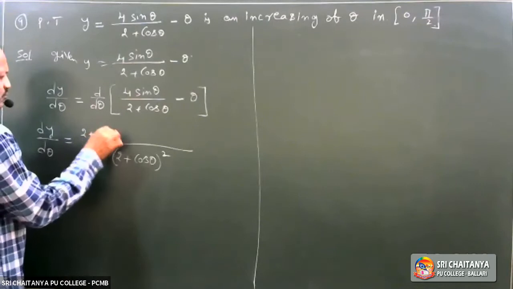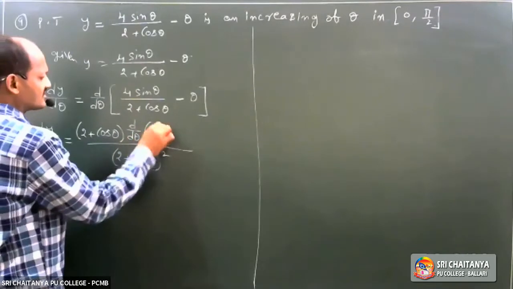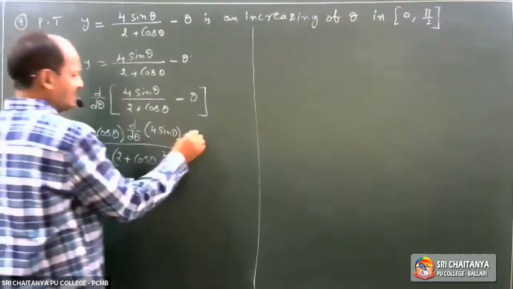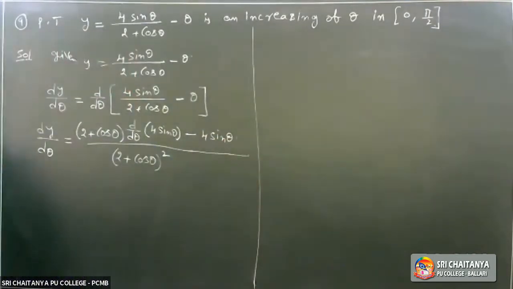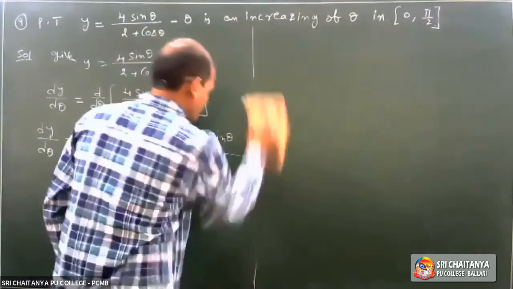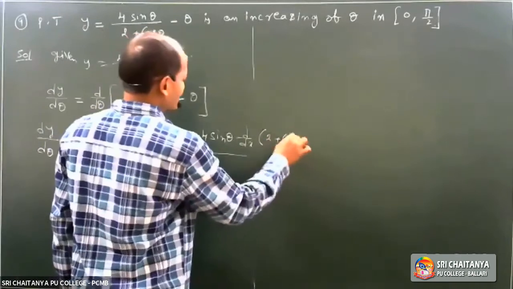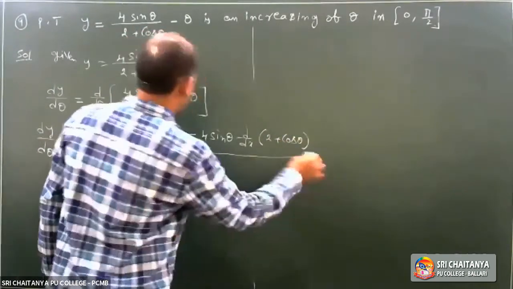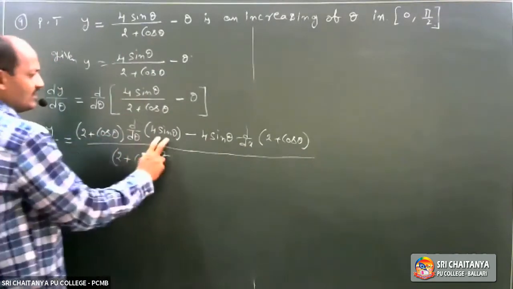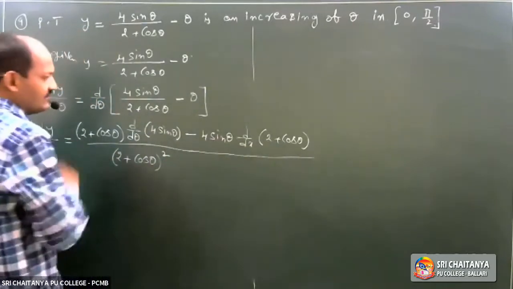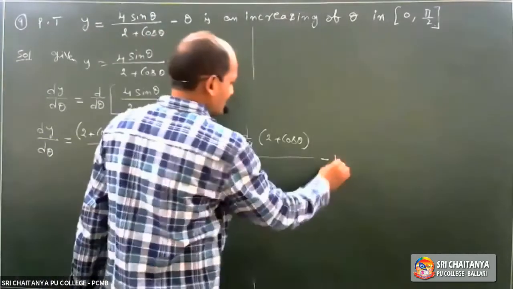V means 2 plus cos theta into the derivative of 4 sin theta, minus 4 sin theta into the derivative of 2 plus cos theta. This is only for the first one. Minus the derivative of theta with respect to theta, which is 1.